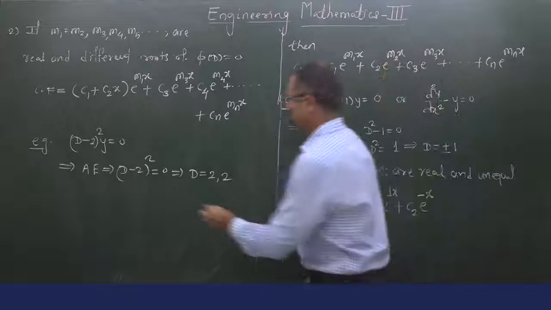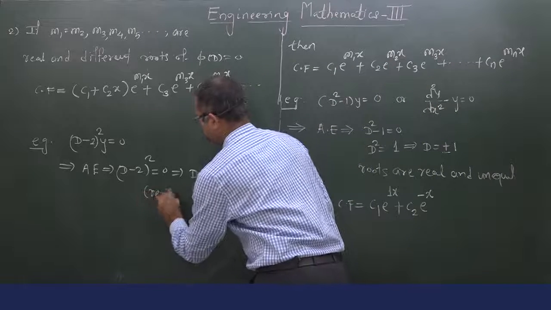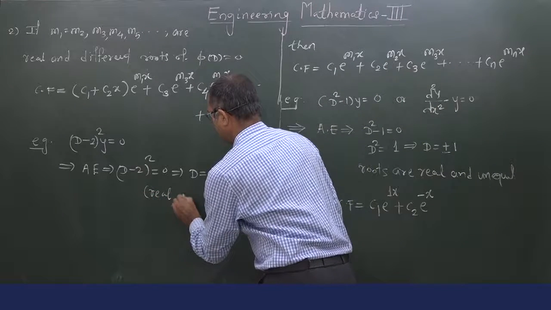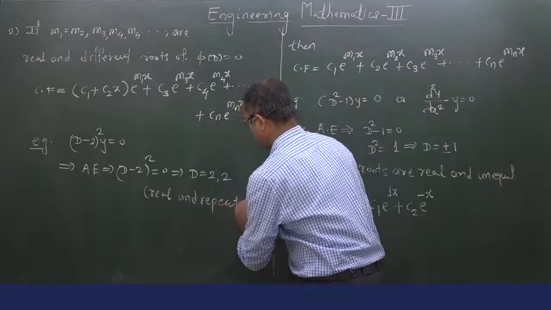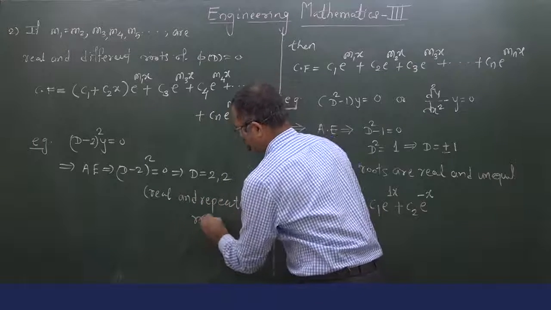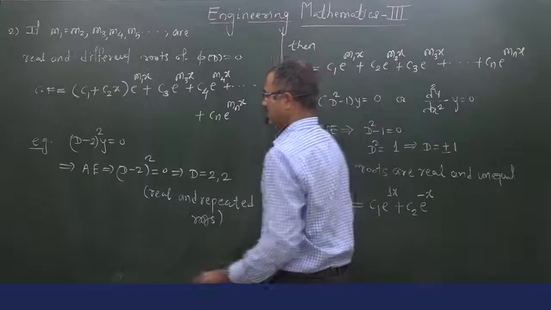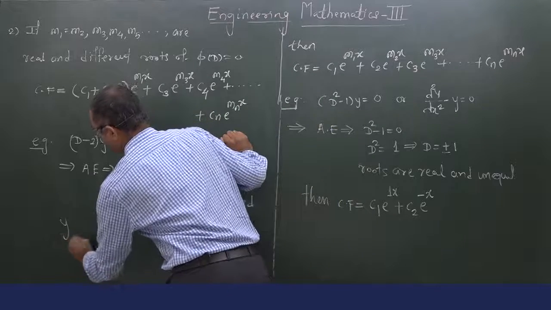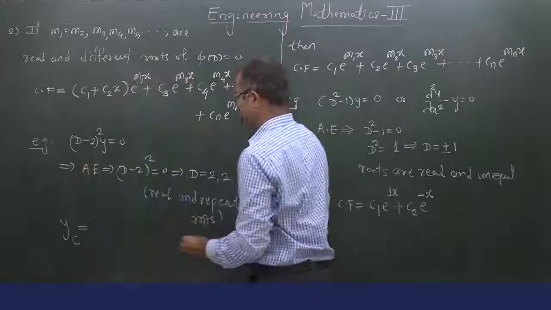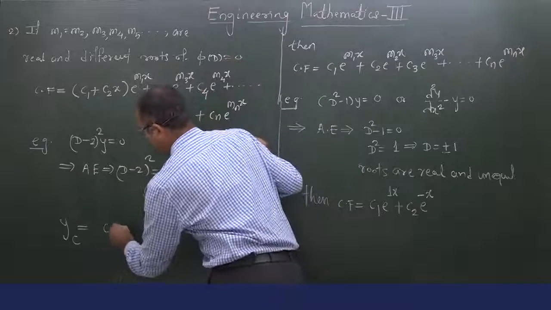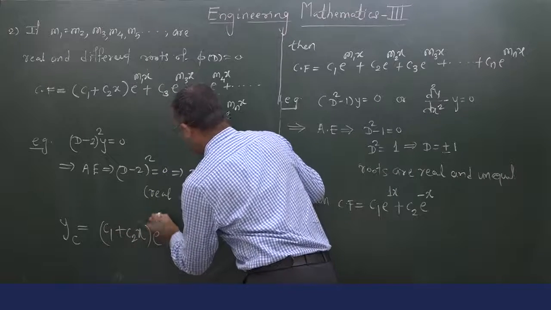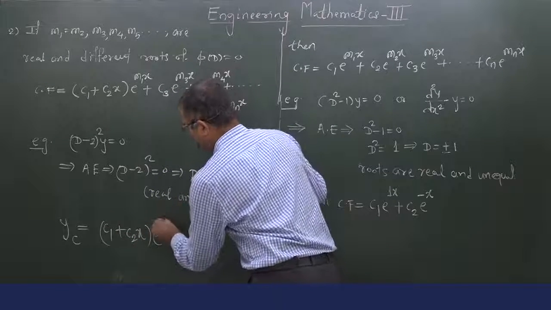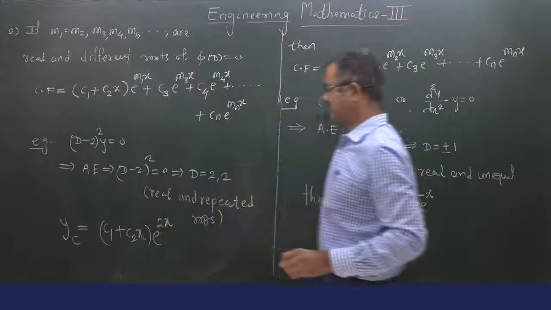So here roots are real and repeated roots. Therefore, the complementary function of this differential equation is equal to (c1 plus c2x) e to the power m1x, m1 equal to m2, that is e to the power 2x.